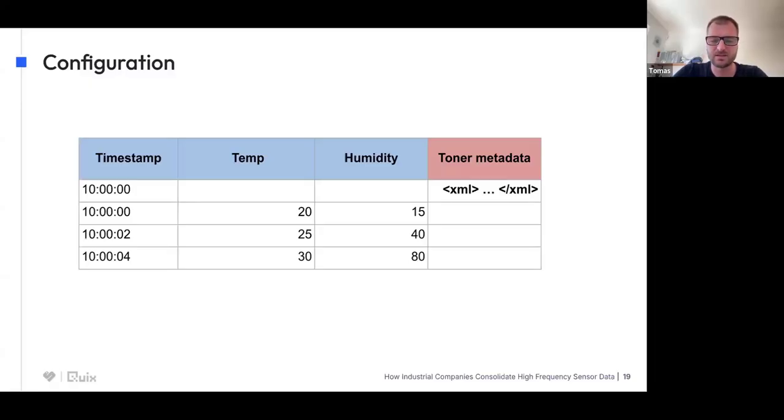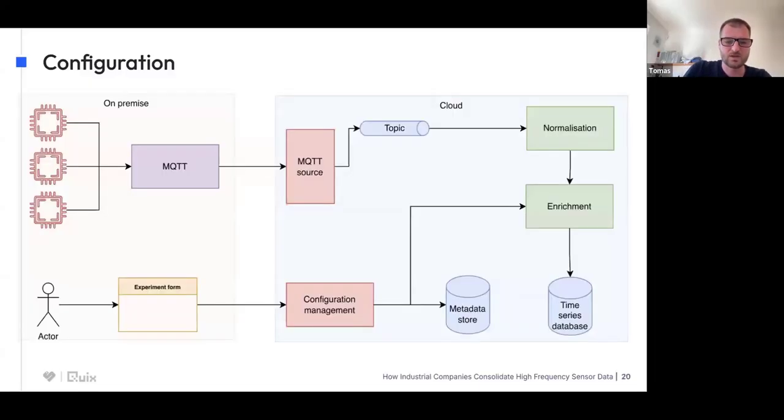So it's better to do it differently, which I tried to demonstrate on this diagram. So basically, you have one channel for your periodic time series data, and then you have a different channel for your configuration.